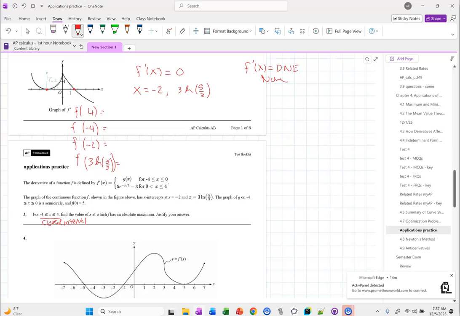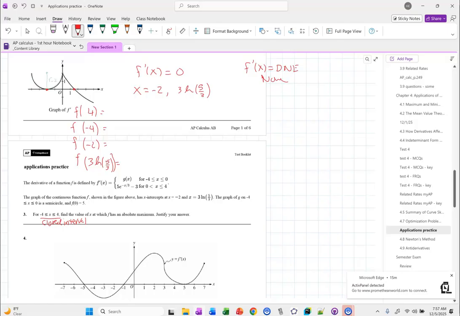This would be a semester 2 problem, because what do you notice we are conspicuously lacking in order to finish this? We don't know anything about f, right? Now, we have enough to see whether these are going to be local maxes and mins, because we have the graph of the derivative.